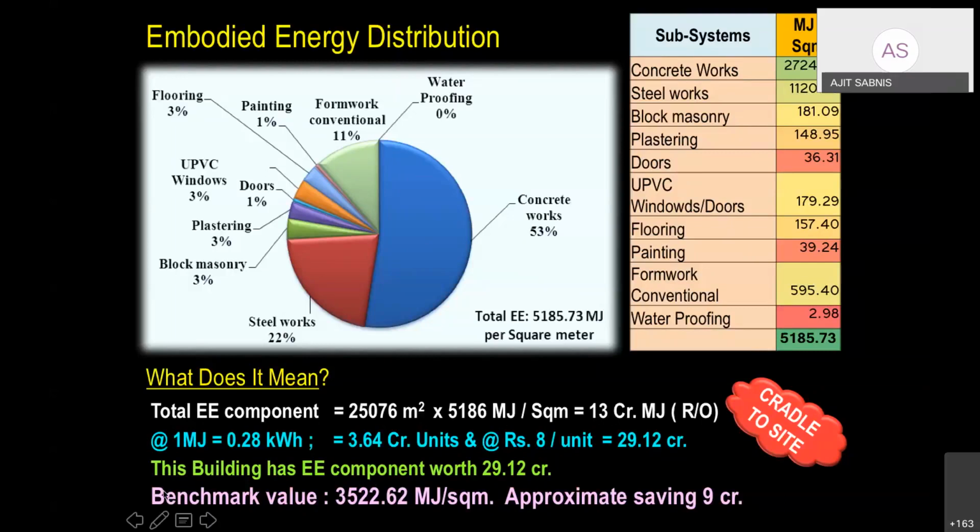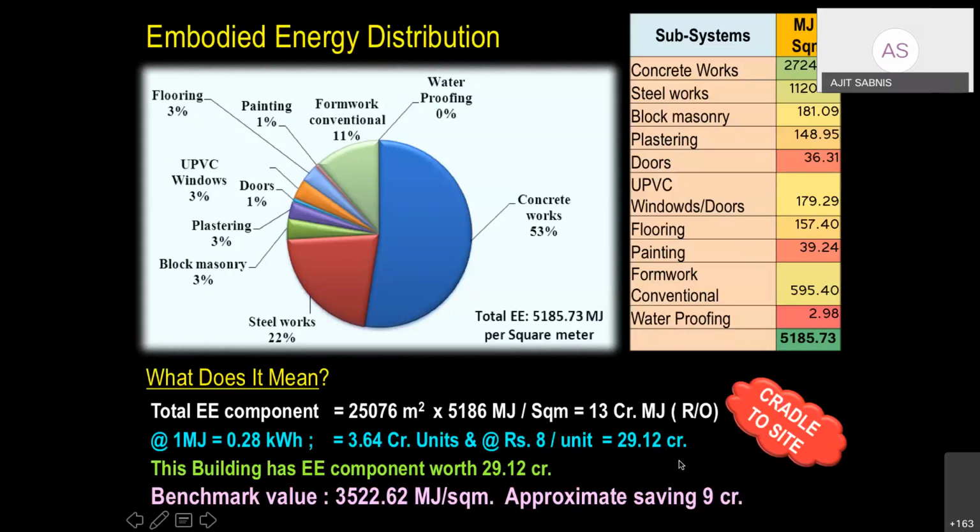And 1 megajoule is equal to 0.2528 kilowatt hours units. So we have 3.64 crore units, and at the rate of 8 rupees per unit, this has a component of about 29 crores.